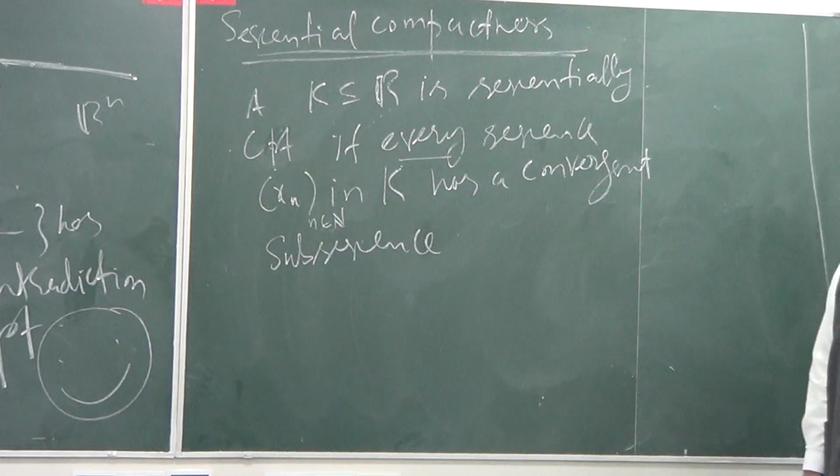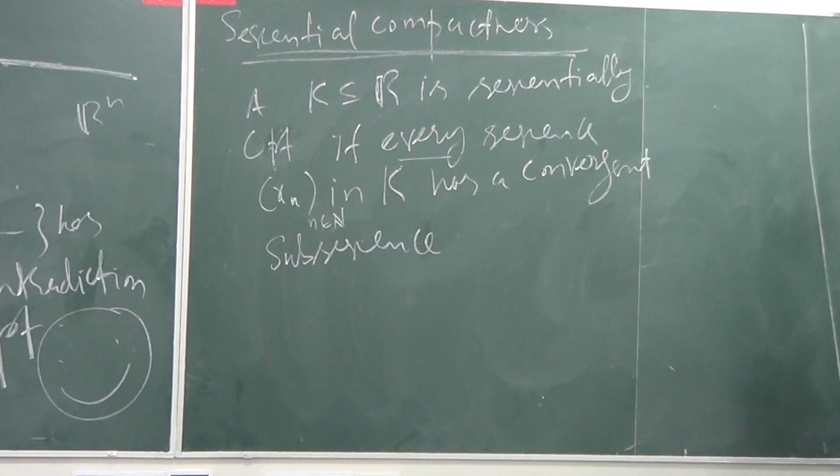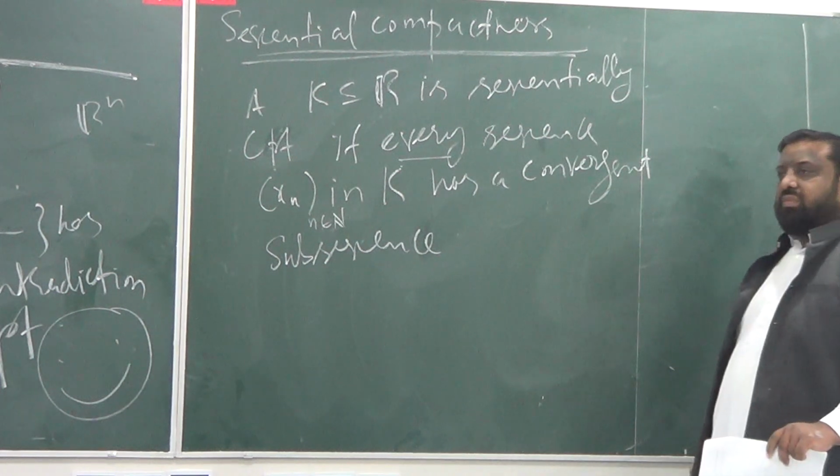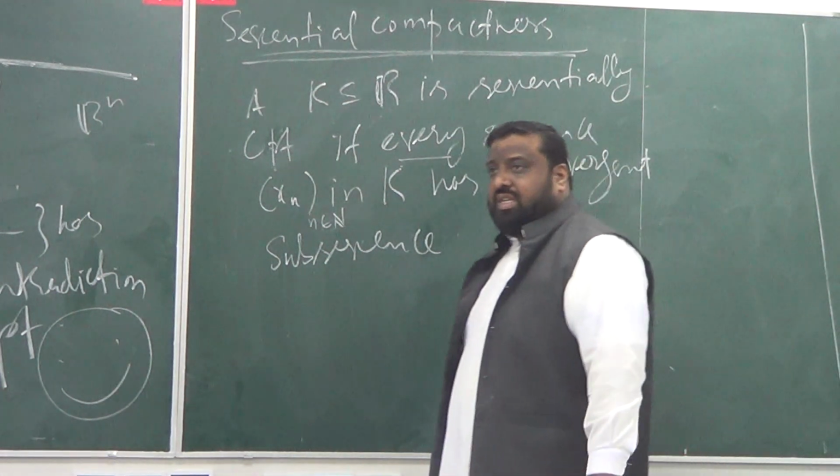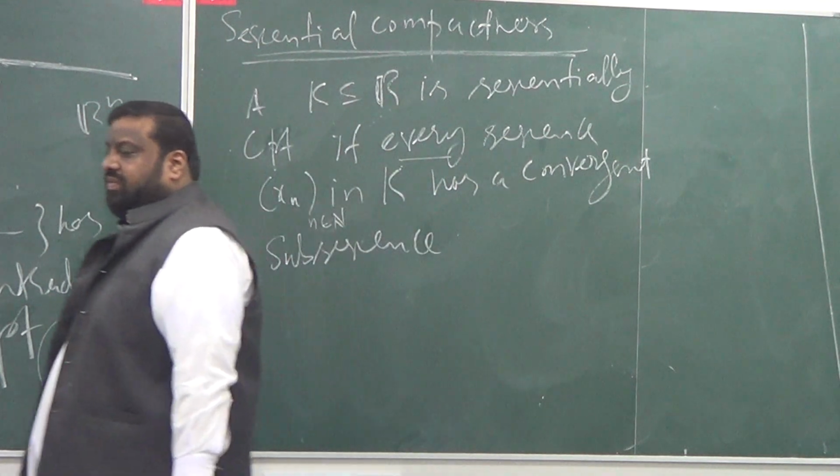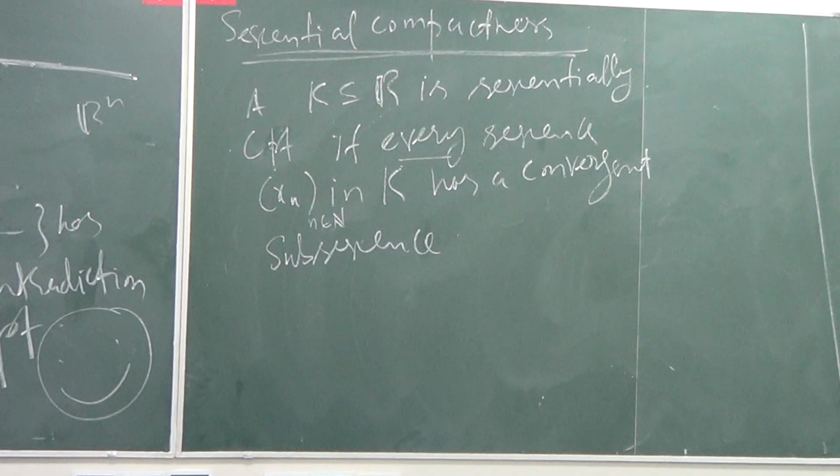So K is a kind of set in which every sequence has a convergent subsequence.